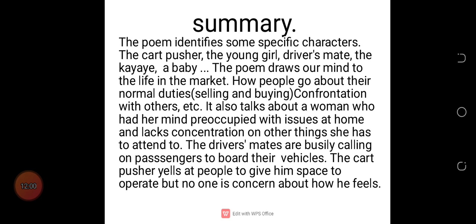The poem draws our mind to the life in the market, how people go about their normal duties, that's selling and buying. We also have confrontation with others, perhaps when matters are not understood properly. It also talks about a woman who had her mind preoccupied with issues at home and lacks concentration on other things she has to attend to.